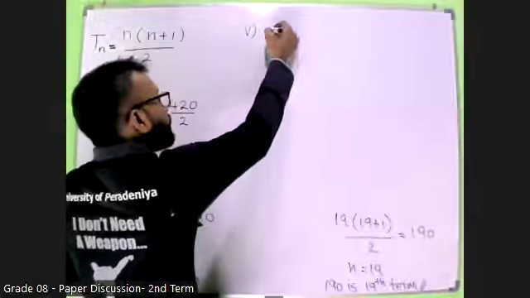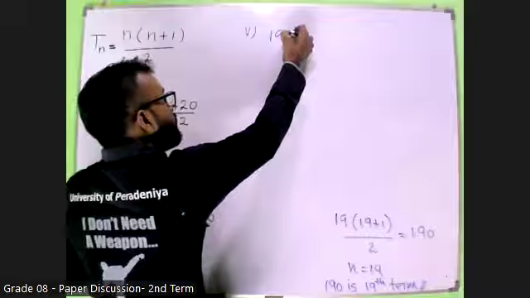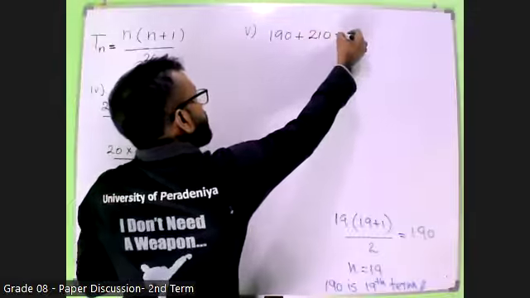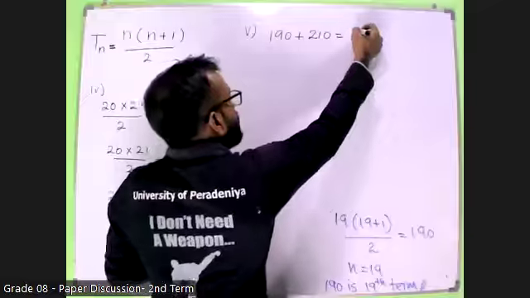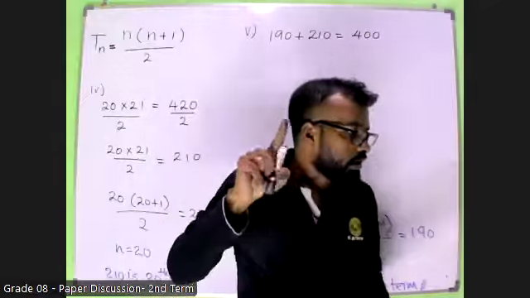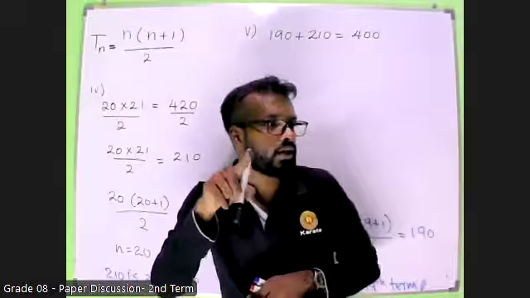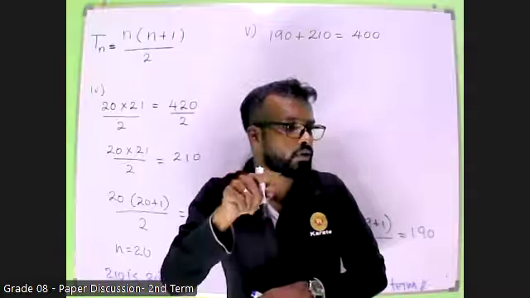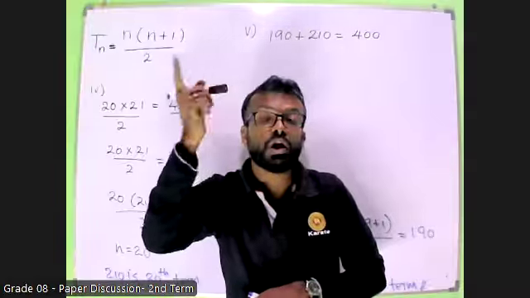So we have to get the sum of the 19th term plus the 20th term. So this should be 400. Show that the sum of the 19th and 20th term of this number pattern is equal to the 20th term of the square number pattern.